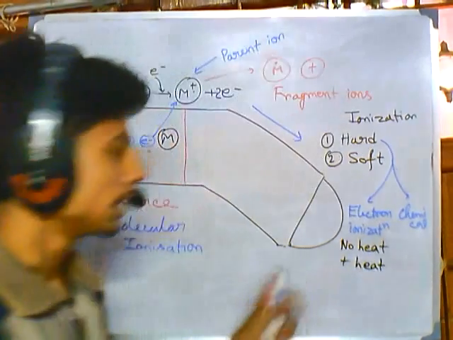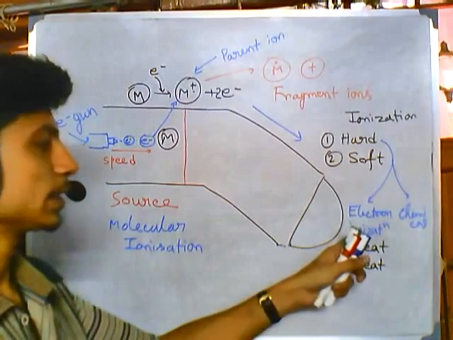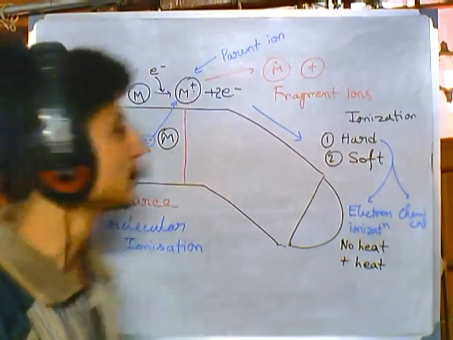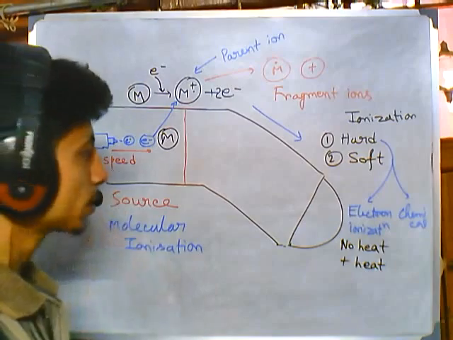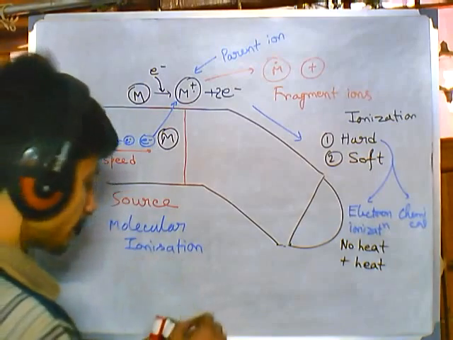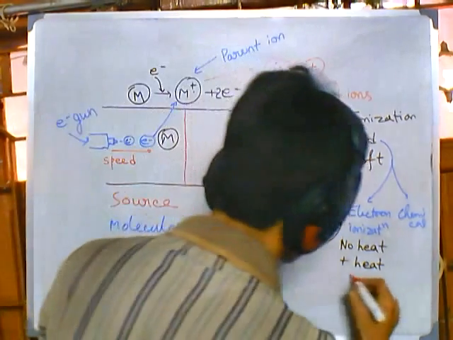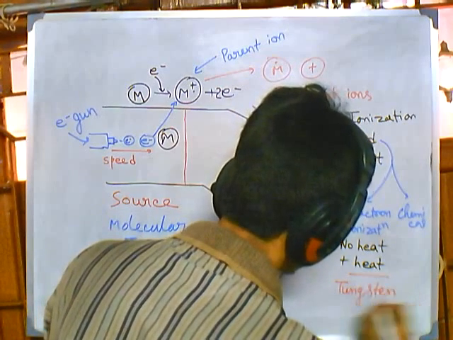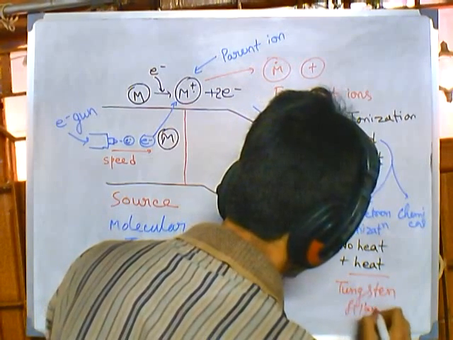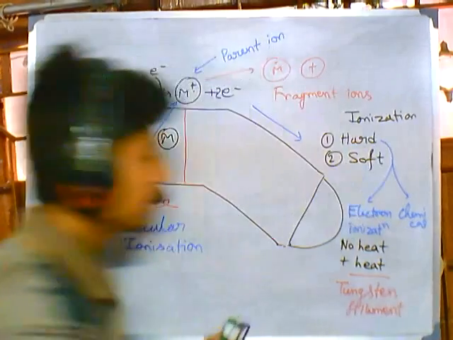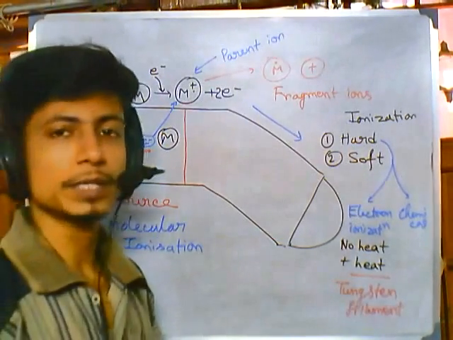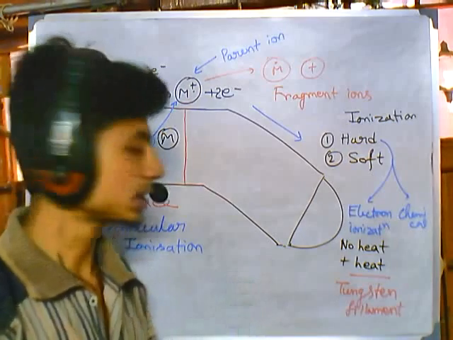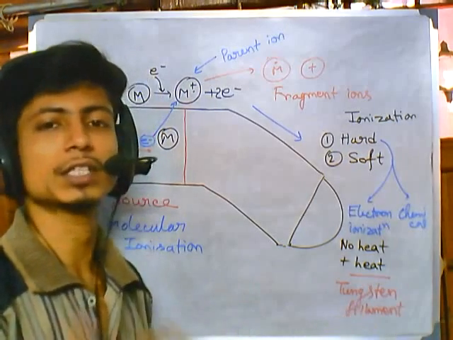We can use heat treatment in this electron ionization, utilizing a tungsten filament instead of an electron gun. We can heat the source region to high temperature, and when we heat it, the tungsten filament gets super hot.